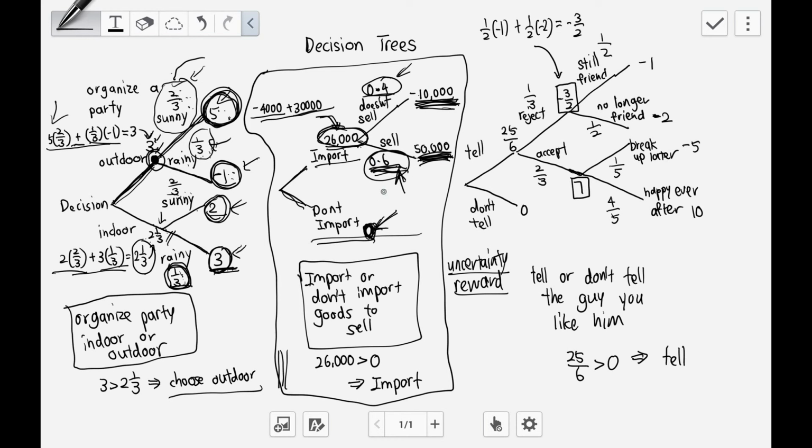And also, you must draw the decision tree as rationally as possible. For example, not importing may not cost just $0. There may be some opportunity cost involved. Let's say if you don't import but your shop is still open, you still need to pay rental, and then you need to make the decision of whether to close down the shop or not.